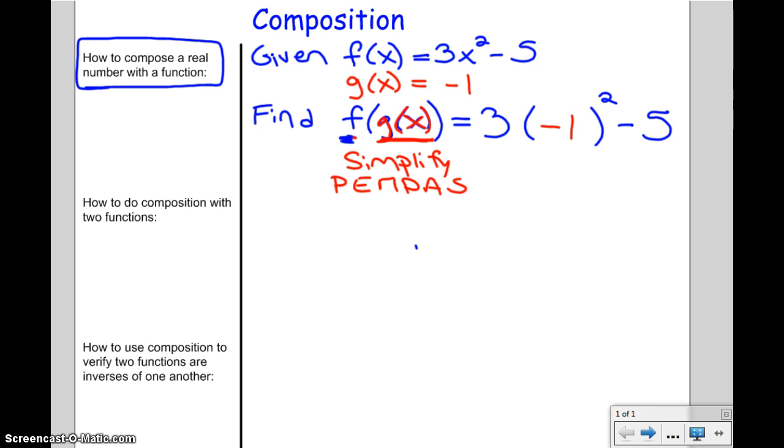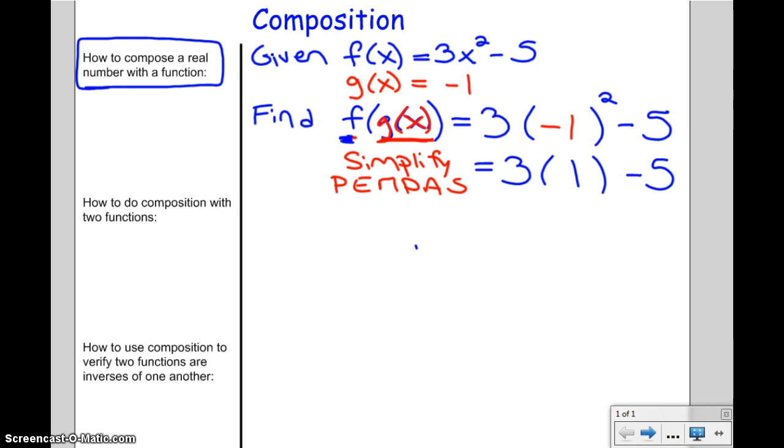So my exponent happens to be outside of the parentheses where the -1 is, which means my 3 stays the same. I have something happening here. My -5 stays the same. -1 squared, I'm going to replace with +1 because -1 squared is -1 multiplied by -1. So I get +1.